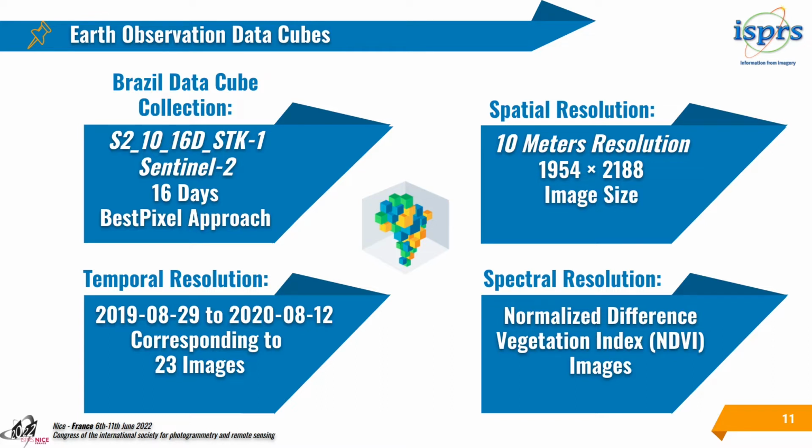The temporal resolution is from August 2019 to August 2020, which corresponds to 23 images in time, and the spatial resolution is 1954 by 2188 pixels, and the spectral resolution is composed of the NDVI, which is a composition of the red and infrared bands, and this is the set used.